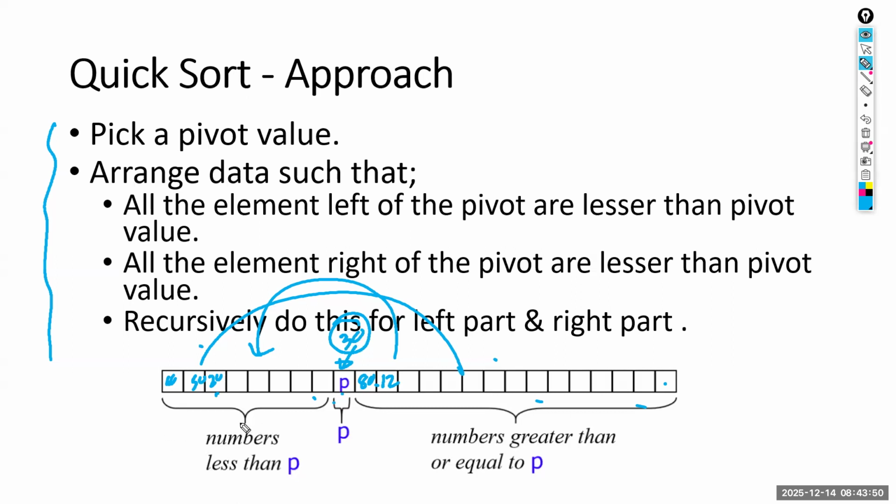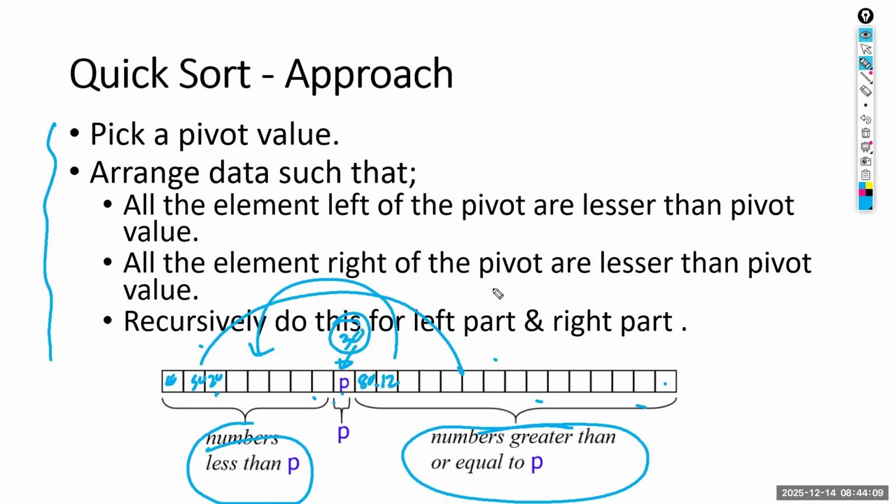You can see numbers less than p, numbers greater than p after processing. At the beginning, this is just unsorted data, so your number may not be in the correct position.